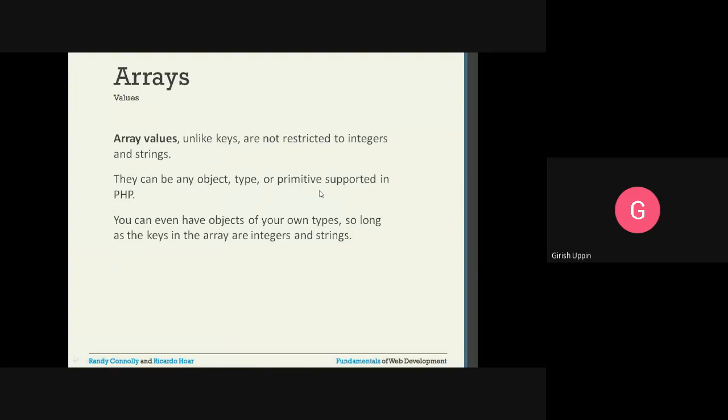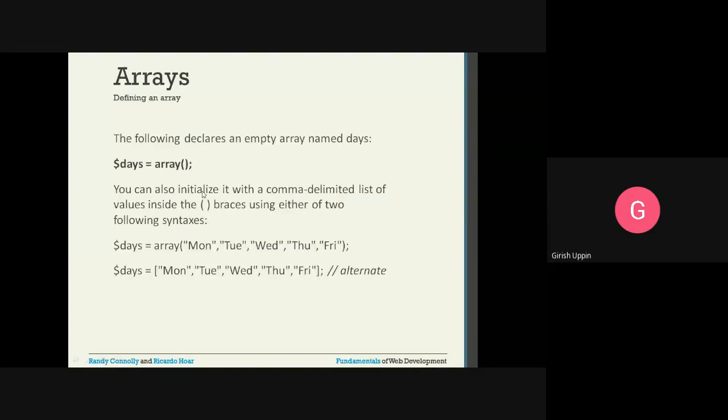Primitive is like basic integer, float, whatever the primitive data types. It can be those, or it can be an object. You can even have an object of your own types, so long as the keys in the array are integers and strings. If we have our own object, then we can keep that also. But we have to make sure that the keys are either integers or strings.